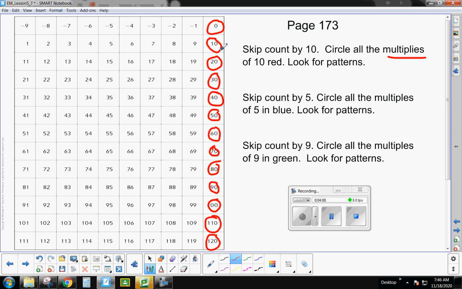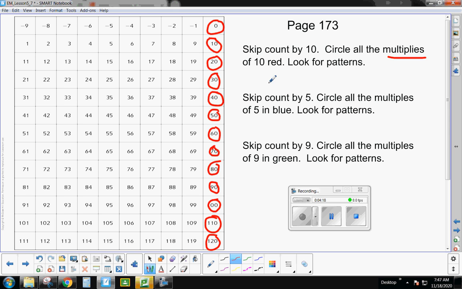So 10 times 1 is 10, 10 times 2 is 20, 10 times 3 is 30. So 10, 20, 30, 40, those are all multiples of 10. And we know that when we have multiples of 10, they're all going to end in 0, and they're all going to make that straight line down our number grid.